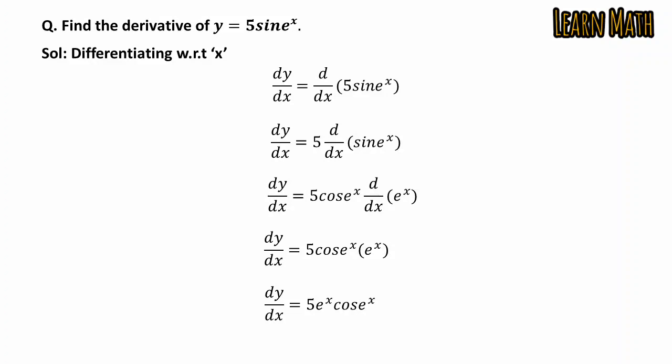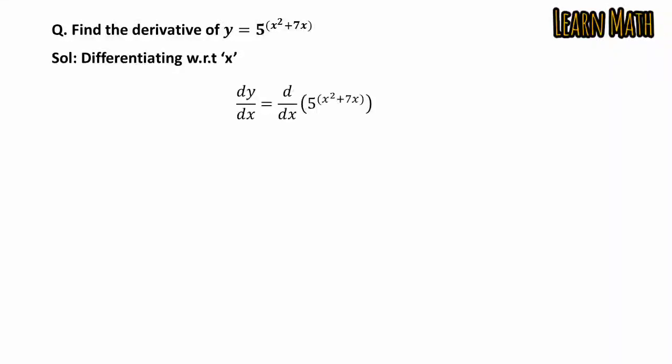The next question is, find the derivative of y = 5^(x²+7x). Differentiating with respect to x, we can write dy/dx is equal to d/dx of 5^(x²+7x). As we know, the derivative of a^x is equal to a^x ln a. So by using this definition, dy/dx is equal to 5^(x²+7x) ln 5, and then take again the derivative of the function, which is x² + 7x.